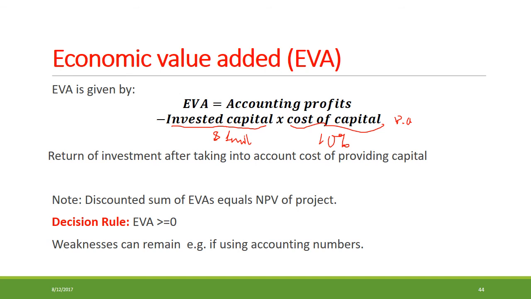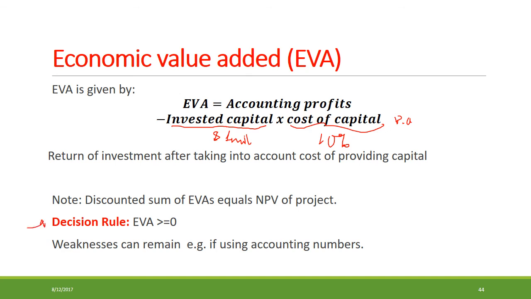Think of this like a value, a dollar value. So what's the profit left after we account for the cost of capital invested in the project per year? So the return on investment after taking into account the cost of capital, right?